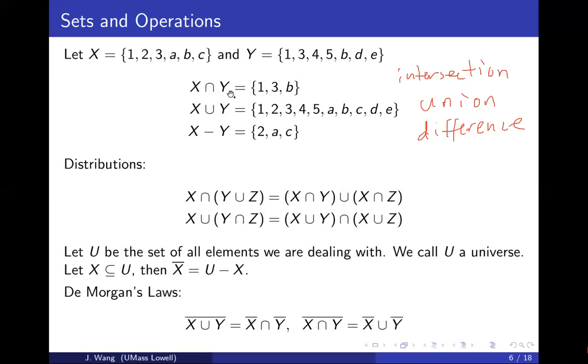So X intersect Y is the set of elements that appear in both sets. In this case, 1 appears in X and also appears in Y, so 1 is in here. 3 appears in both, and B appears in both, and none of the other elements appear in both.